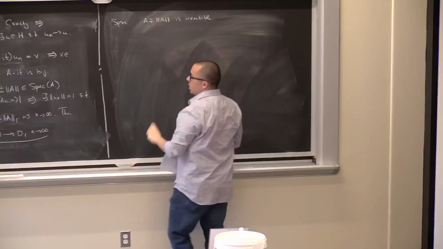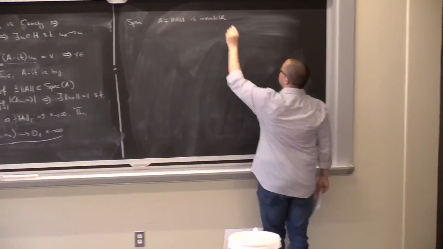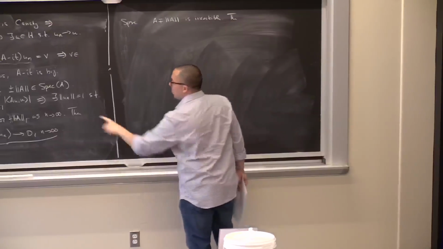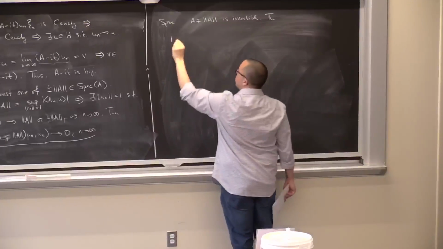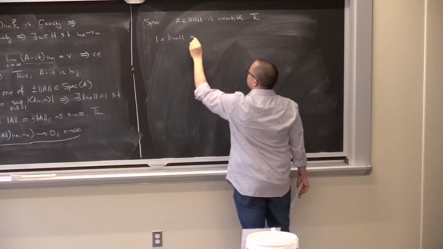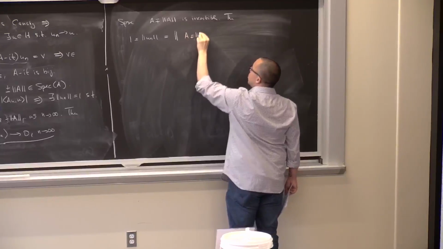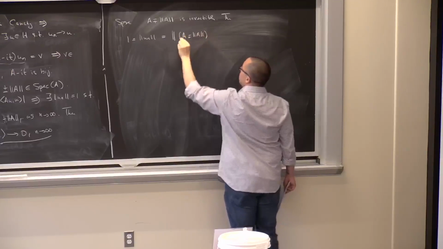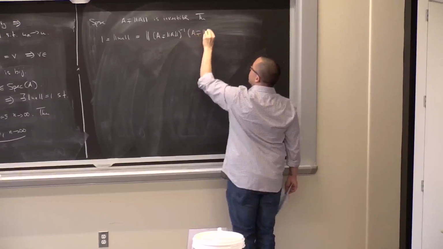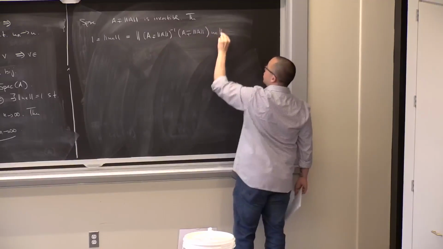Then the un's all have norm 1, so 1 is equal to the norm of un, and I can write this as the norm of the inverse of A minus plus norm A applied to A minus plus norm A applied to un, because that's just the identity applied to un.